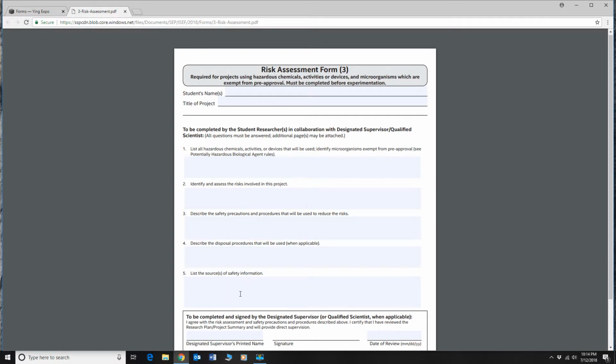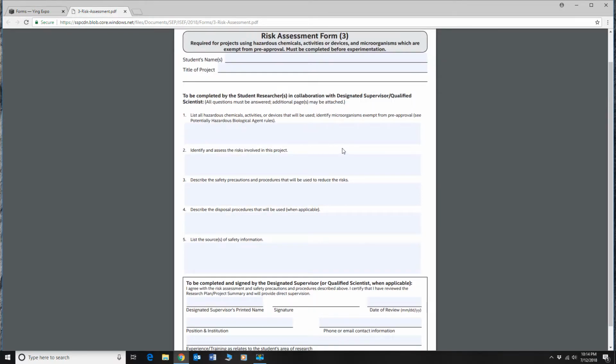Sources of safety information, again, as I mentioned, MSDS sheets, of course, for chemicals, and just whatever other safety information that's necessary there that follows it. There's going to be probably safety information for microorganisms that they can find online, so that should be there.